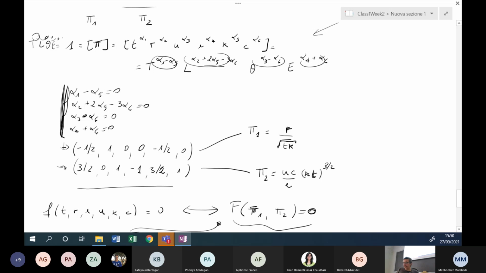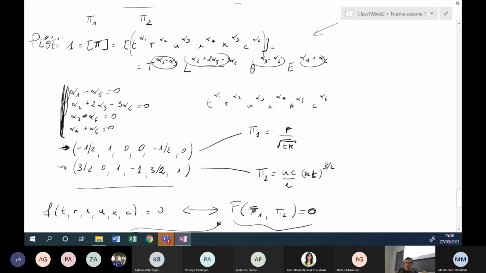Remember that pi is given by T to the alpha 1, R to the alpha 2, U to the alpha 3, E to the alpha 4, K to the alpha 5, C to the alpha 6.